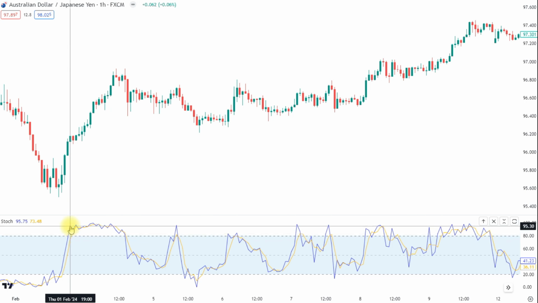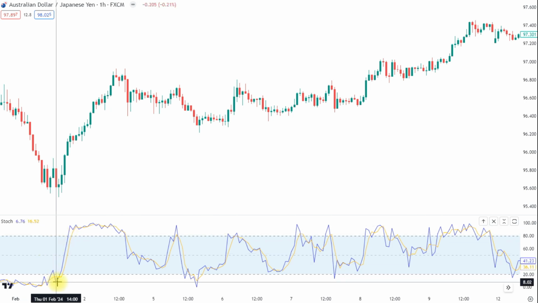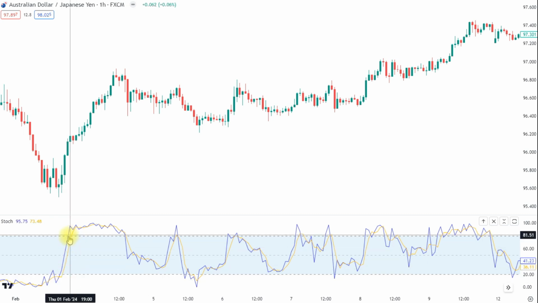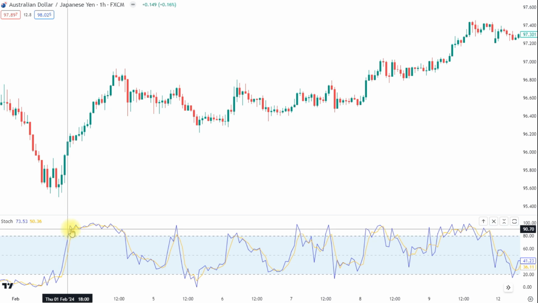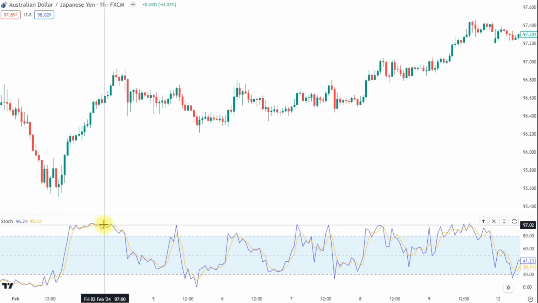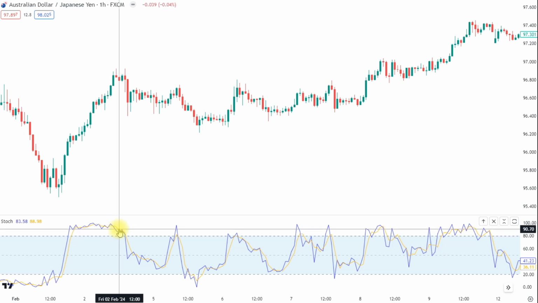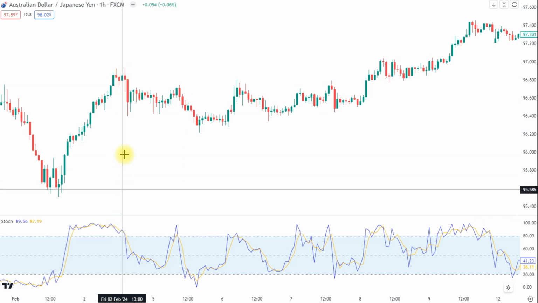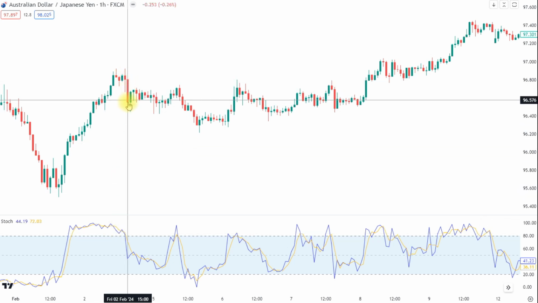Whenever we have the blue line above the orange one, we are in an uptrend. And when the blue line dives below the orange one, we see there's a mix diving above and below, but then the blue line dives below the orange one and stays there. And this is right the time where we have the momentum going down.